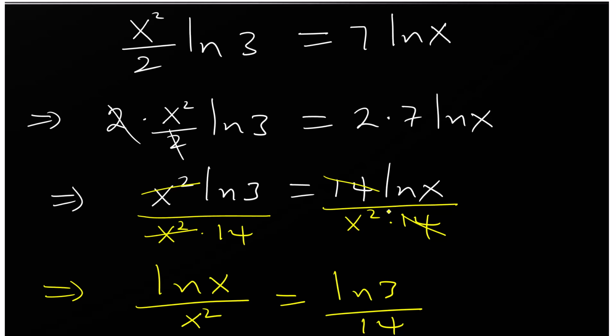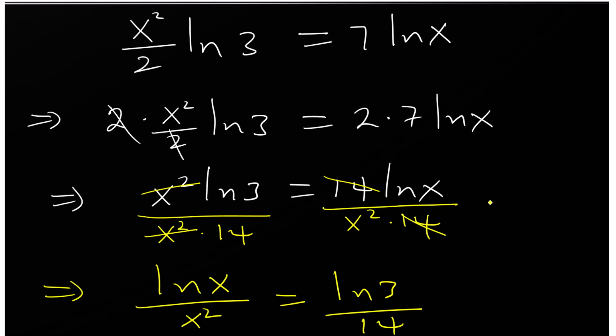Now before we can continue, we have no option but to introduce the Lambert W function. I have a video on the Lambert W function, so you can check it out.